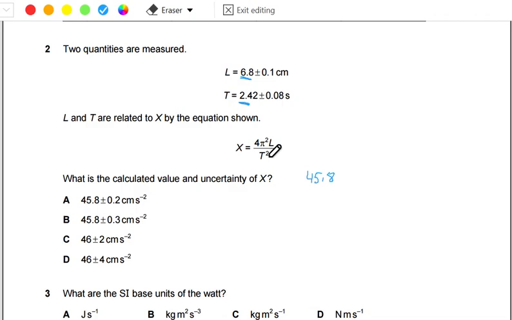Any variable to a power is a multiplication, so we should use the addition of percentage uncertainty. So we'll find the percent uncertainty in both L and T first, and after that we will add them as follows.